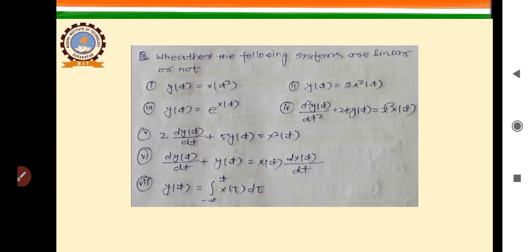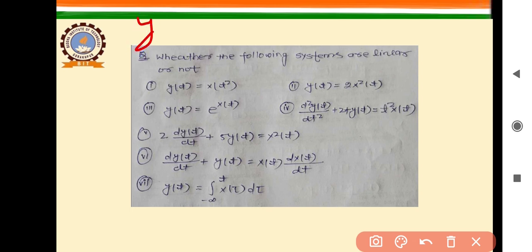The first example says that the output of the system y(t) is equal to x of t square. Let us look into the procedure of how to test whether a system is linear or not.